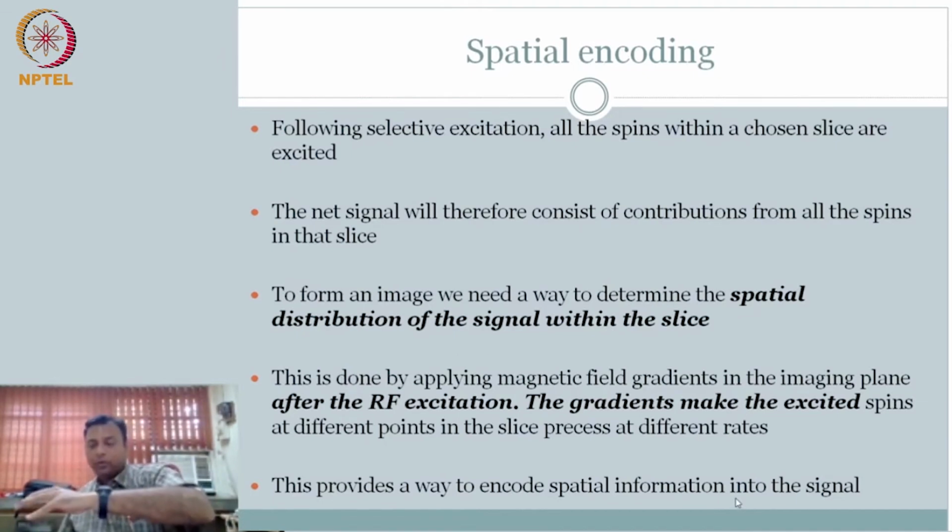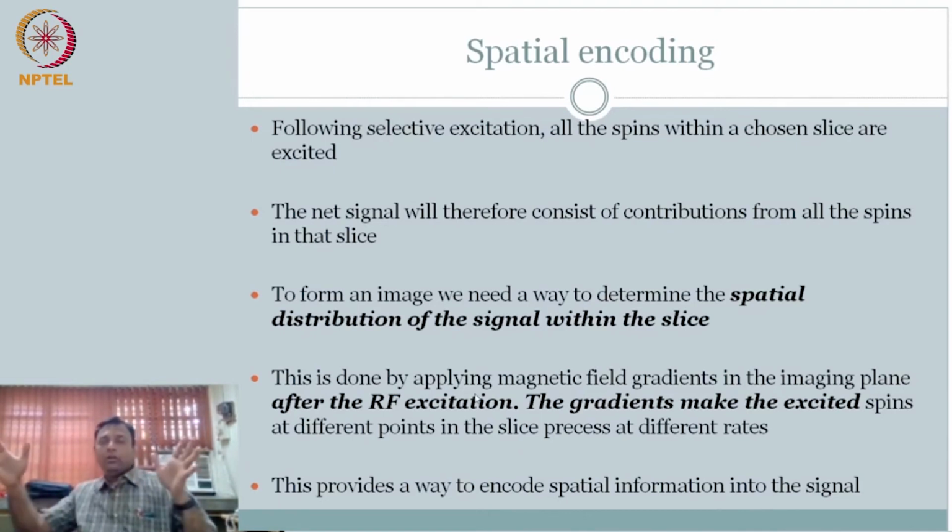During the signal readout, we will enable gradients in the other two directions. If we are able to do that, then we may be able to say which location within xy corresponds to which frequency, and therefore we know from the recorded signal where it came from, right? So this is how generally it works. We'll go one step at a time.